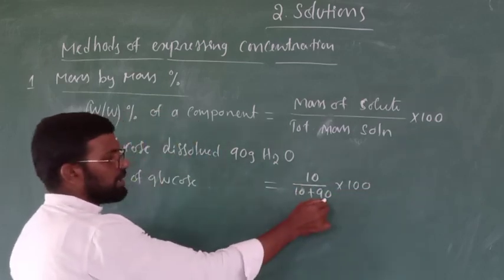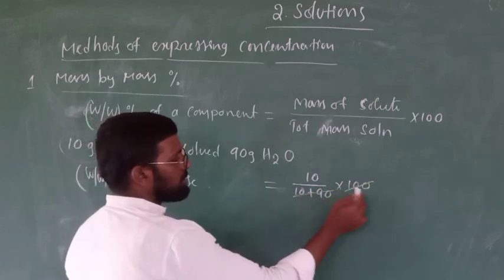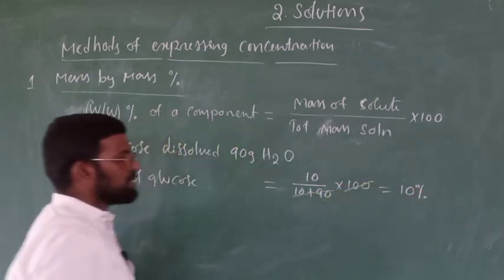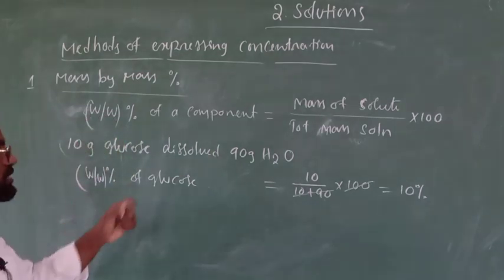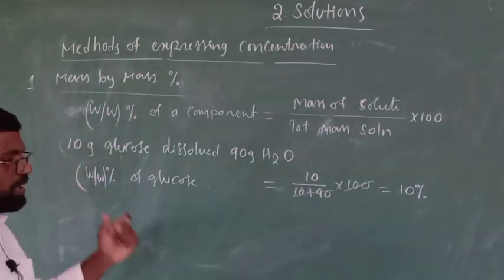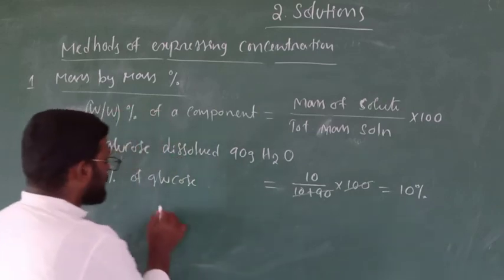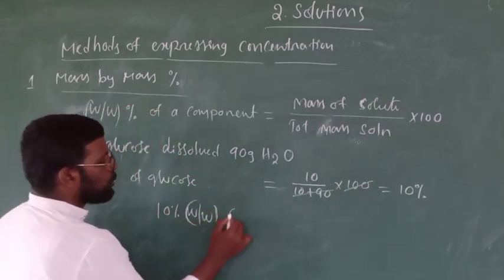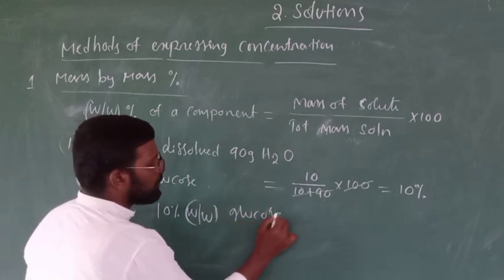So the 100s get cancelled, that is equal to 10%. So its mass by mass percentage of glucose is 10%, or the solution is called a 10% mass by mass glucose solution.